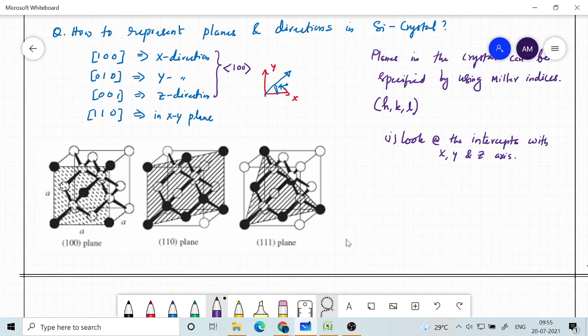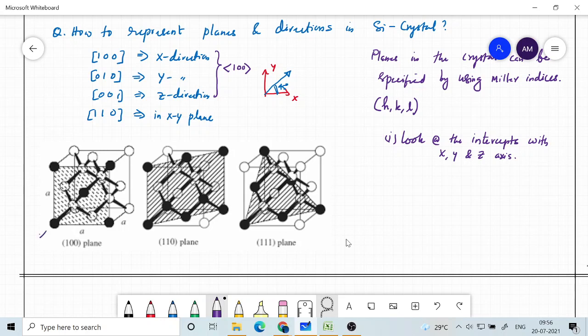What is the x intercept, what is the y intercept? This is basically a plane parallel to the y and z axes.